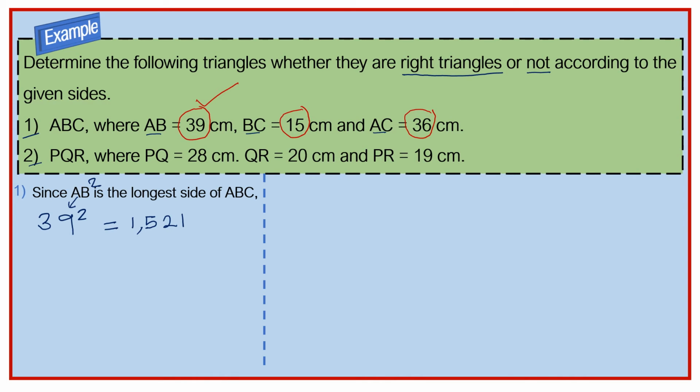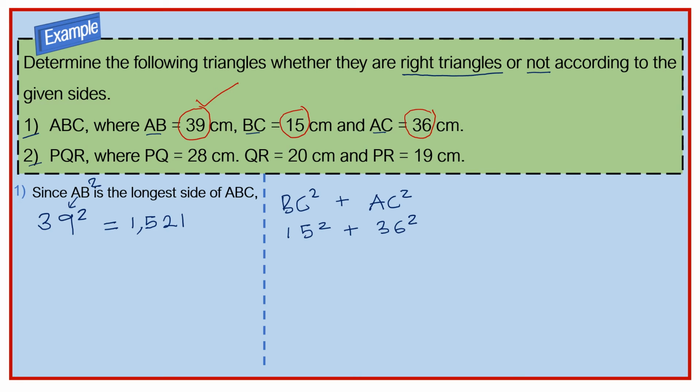Now, let us check. What about BC squared plus AC squared? BC squared is 15 squared and AC squared is 36 squared.